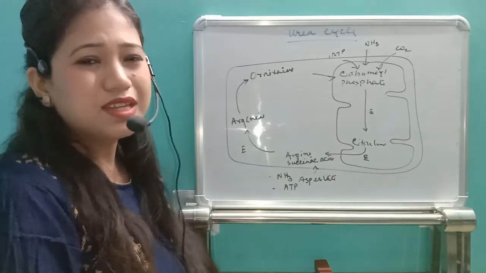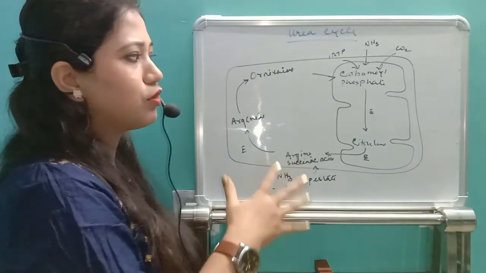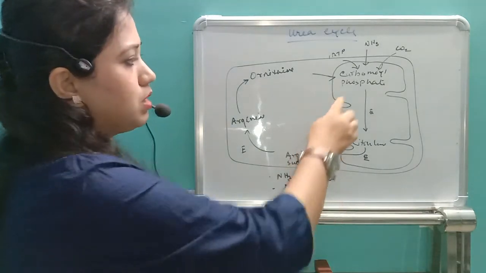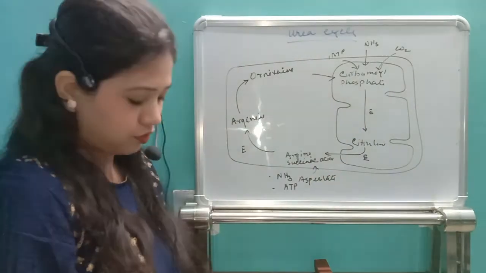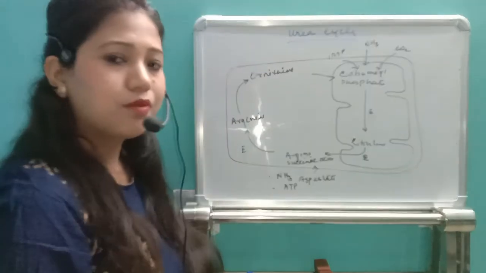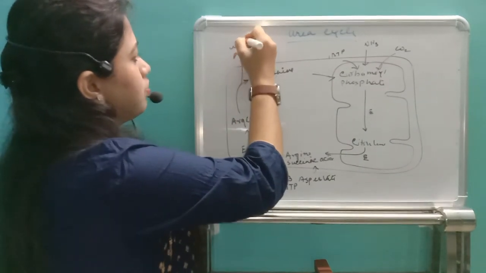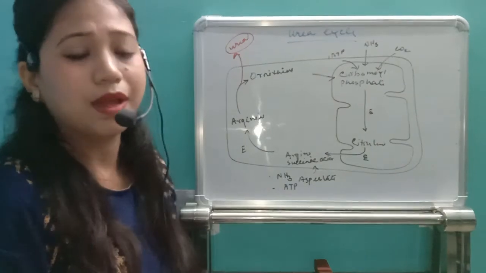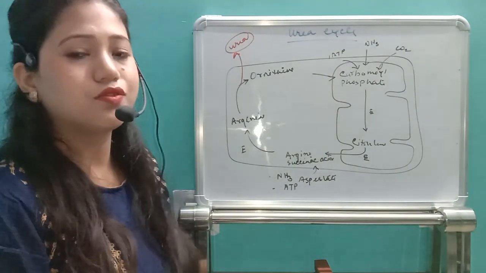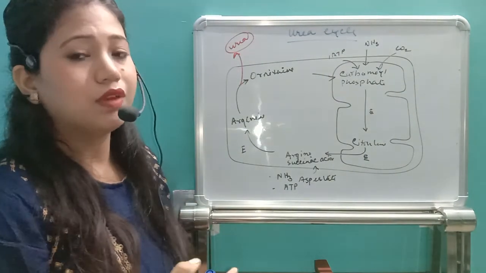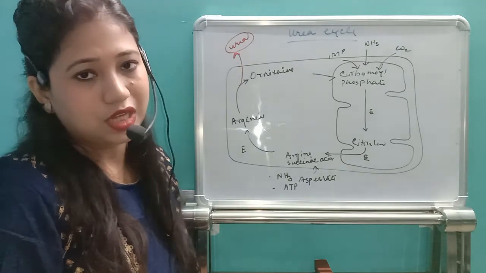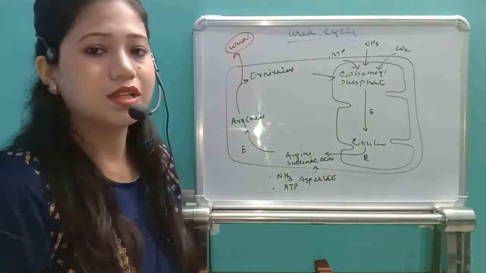Carbamoyl phosphate synthetase is the enzyme used here to produce carbamoyl phosphate. And whenever ornithine is produced from arginine, as a byproduct urea will be released, and this urea will be taken up by the blood, and the blood vessels with urea will enter the kidney so that filtration can occur. So this will be the urea cycle.